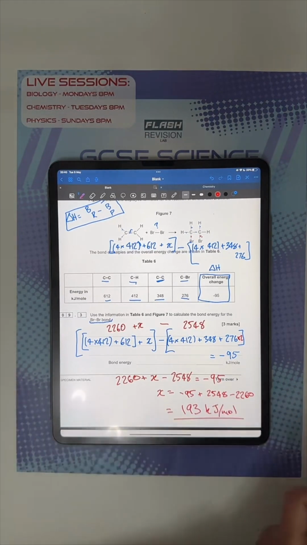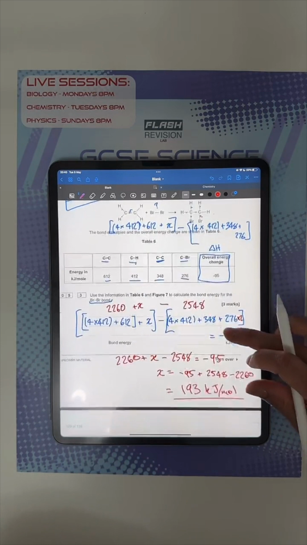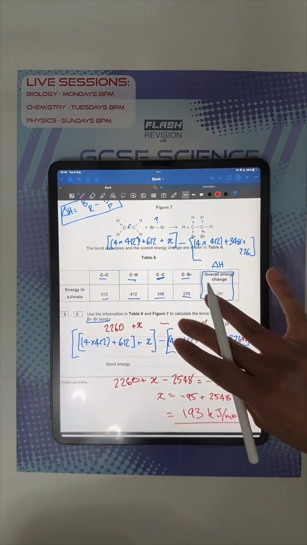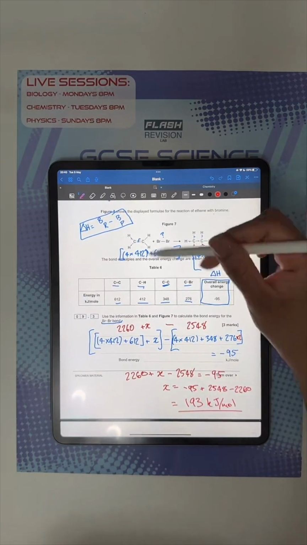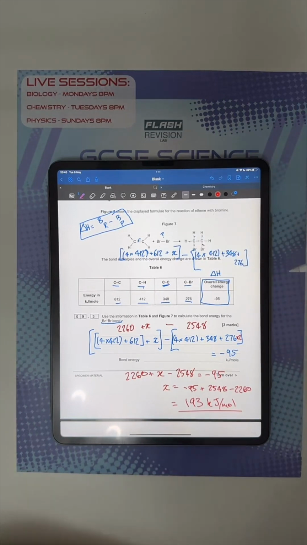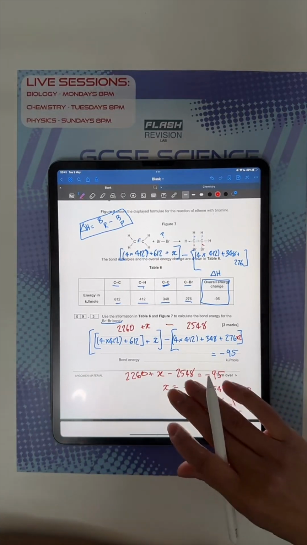And thank you to whoever pointed that out. Any questions on this? I think this would be as hard as it would get with a bond energy calculation, one where you need to work out the bond rather than the delta H. Okay, good. Let's move on.